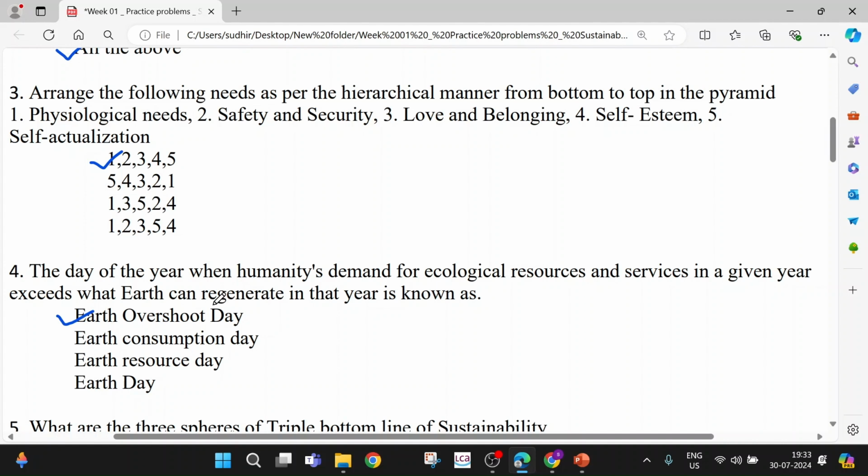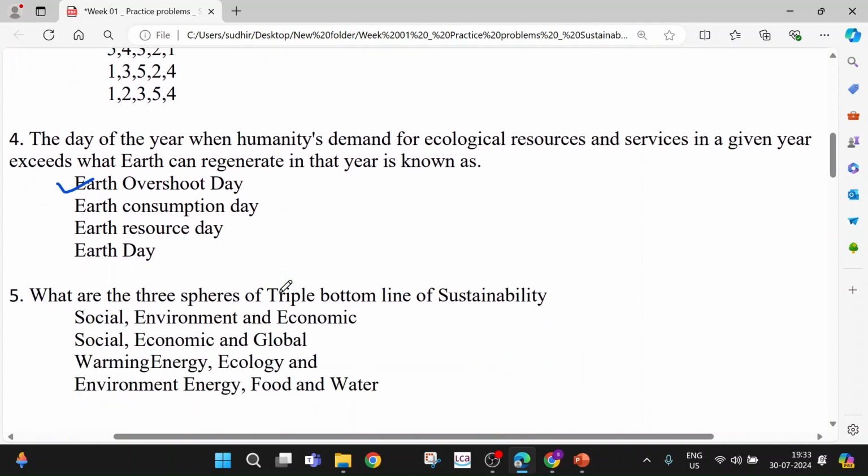Yes. Okay, then this is the fifth question. What are the three spheres of the triple bottom line of sustainability?